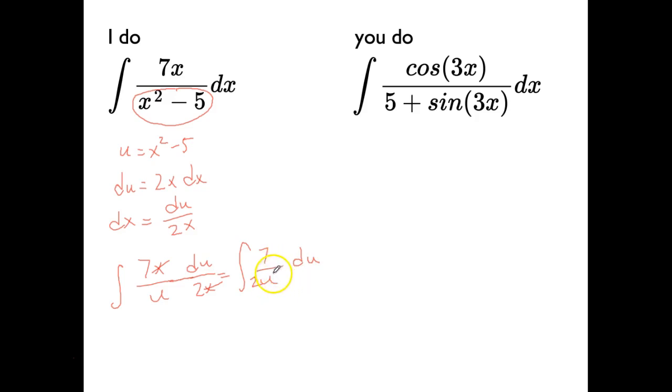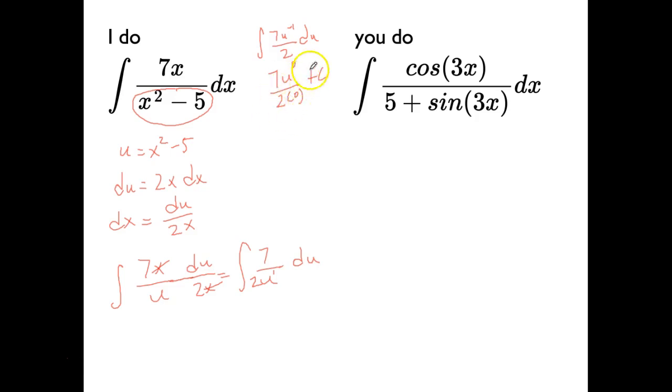What I have here is a term with an exponent of 1 on the denominator. If I move that to the top and try to boost and divide, watch, I could rewrite it like this, right? And if I try to boost and divide that, I get 7u to the 0 over 2 times 0, plus c.